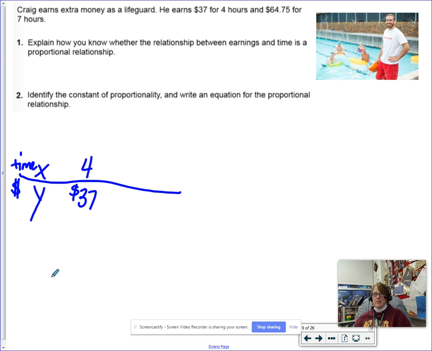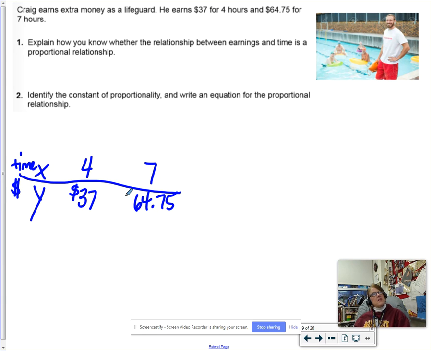If you can kind of remember that time almost always is your X value. And then if you're thinking his wages, you're thinking money per hour. And so then it'd help you figure out money is going to end up being my numerator, which is always the Y value. Excuse me. $64.75 for 7 hours.